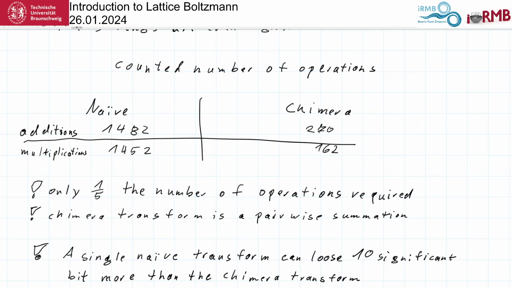I mean, not necessarily incrementally. And you keep 3 more decimal digits, or 10 binary digits more, if you use the Chimera transform. That's not necessarily always the case, since this was a measured observation, but it has been observed like this.